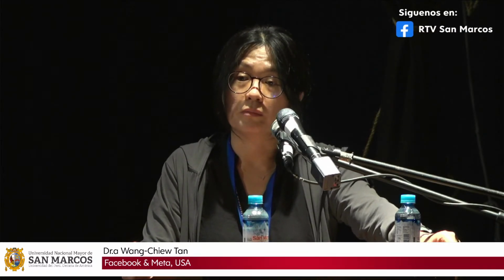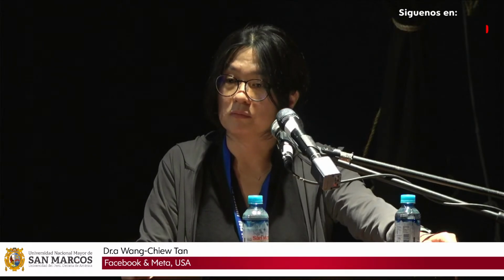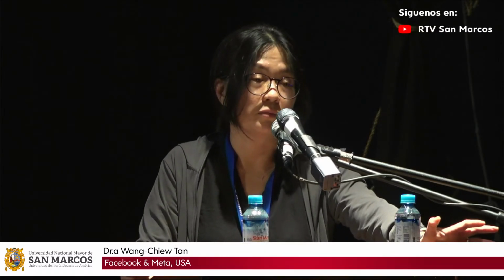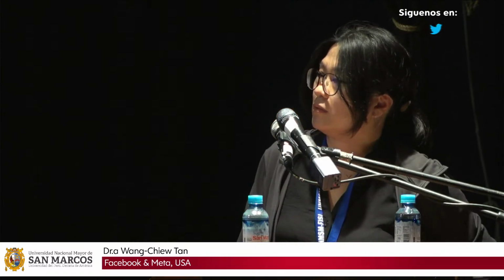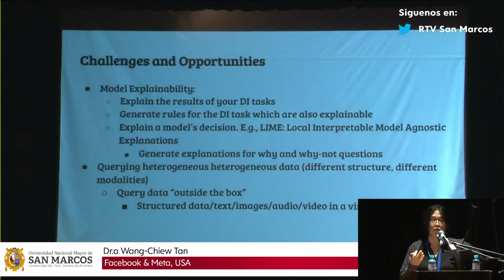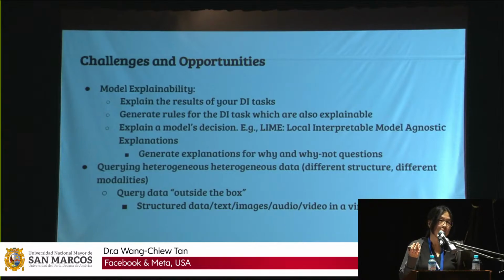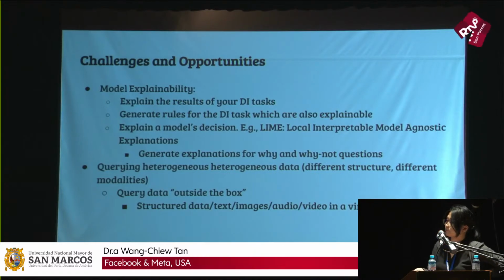And we need a metric for measuring potential fairness and biases in these data sets. Like I said, model explainability, the ability to explain the result of your matching decisions, and especially the ability to explain why you do not match two records.